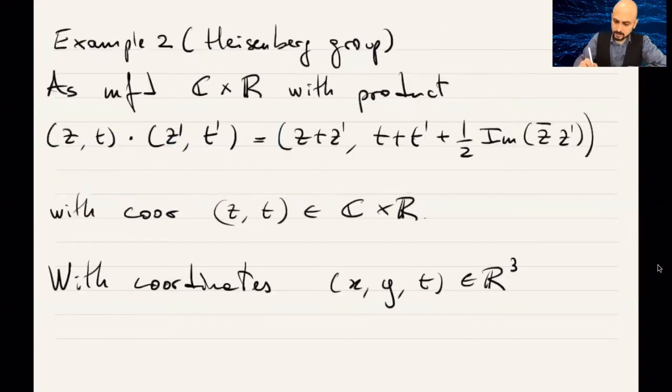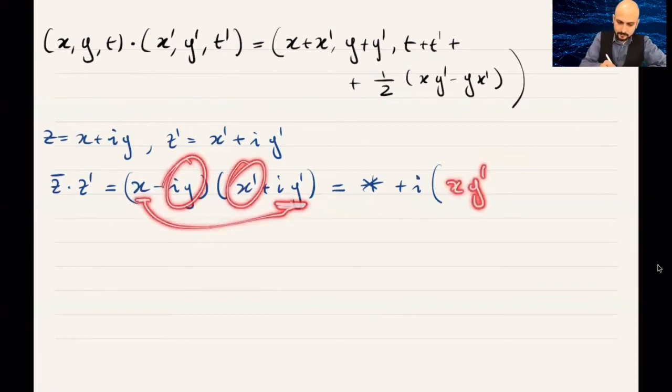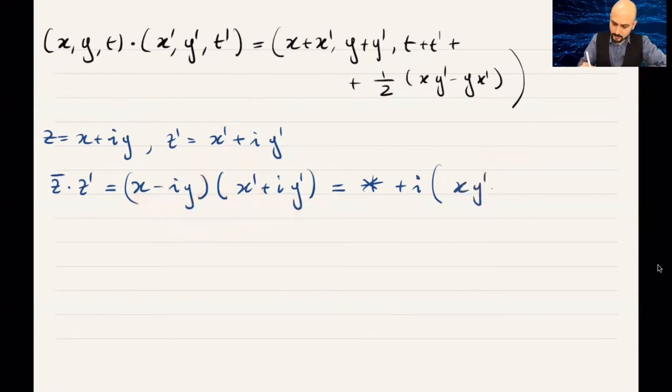Because I only have to calculate the imaginary part. It comes from x times y', and then minus y times x', so it's x y' minus y x', which was exactly what I had to put here. Okay, so these are two ways of writing the same product law. This is the group that we actually previously saw in this course.